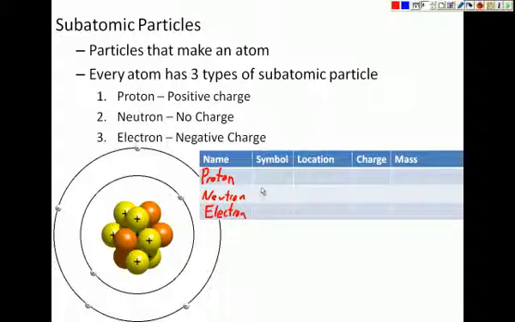The symbols for the subatomic particles are P, N, and E. The location of these particles are, well, as we can see, protons here are in the middle, so the location is in the middle. Neutrons are also in the middle, so where they're located is also in the middle. Now, in the middle, we call it the nucleus.